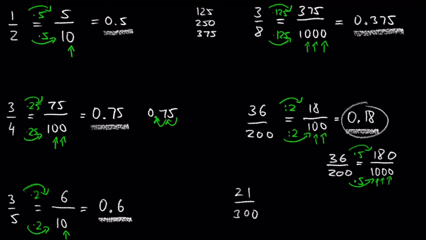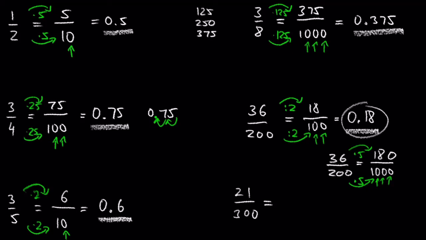The more experience you have, the faster you will see which way works best for you. Anyway, both raising fractions to higher terms or simplifying fractions to lower terms work. What about our last example? 21 over 300.